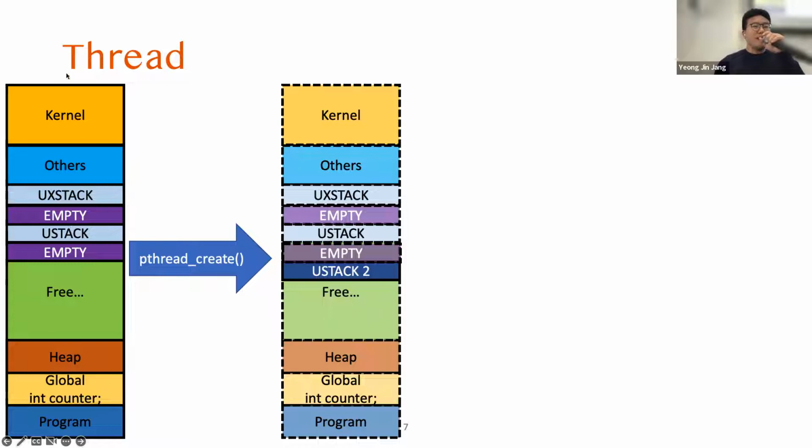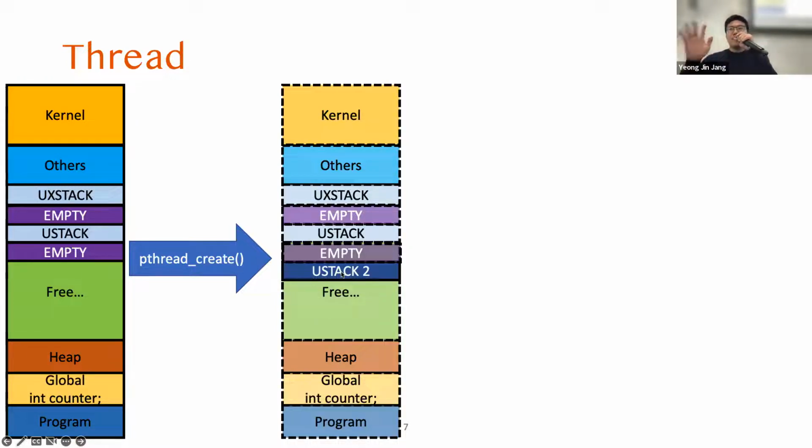So the parent thread and child thread will share everything except for the user stack. Whenever we create a new thread, we need to create a separate execution environment, the separate stack to store the local variables or the call stack, those kinds of information. So we are actually creating a new stack for the child thread and then running it.